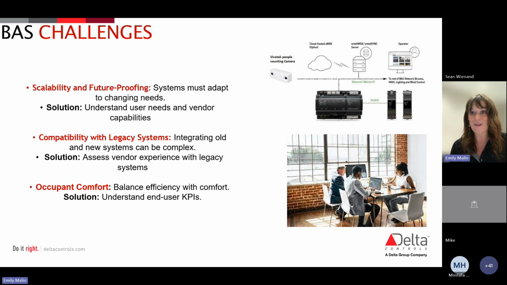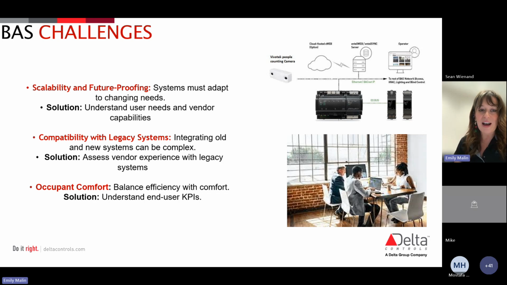I think probably almost everybody on this call is dealing with a building that might not be from this century. Well, not this century, I suppose, but at least the decade. But dealing with integrating new components and old components, that is a challenge. So just making sure that your vendor is experienced both with the legacy systems as well as the future proofing systems, right?